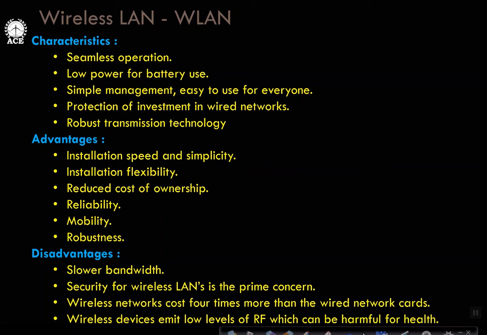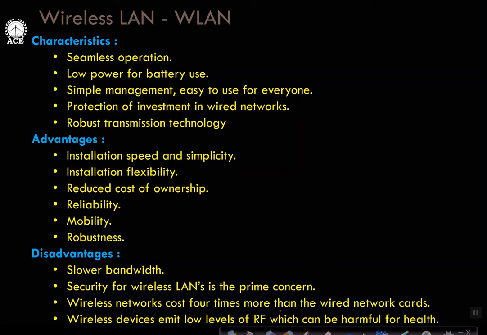But the drawbacks of wireless LAN are many: it has lower bandwidth in comparison to wired networks. Security for wireless LANs is a very important concern. Wired networks are more secure in comparison to wireless because of the open channel, or open broadcast medium, which is vulnerable to security threats.